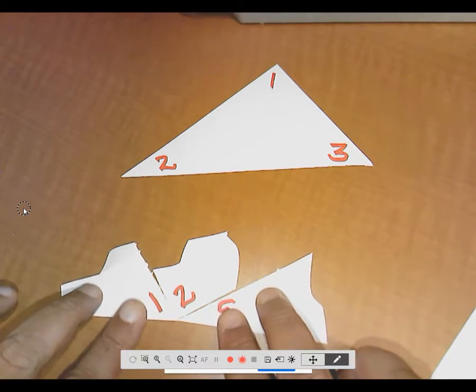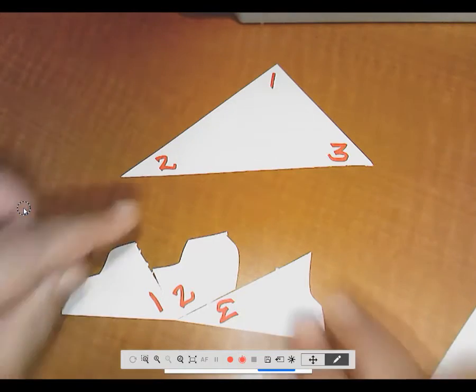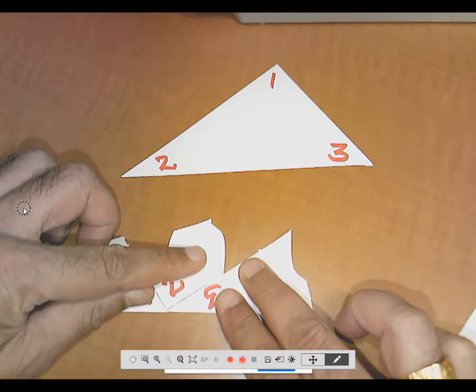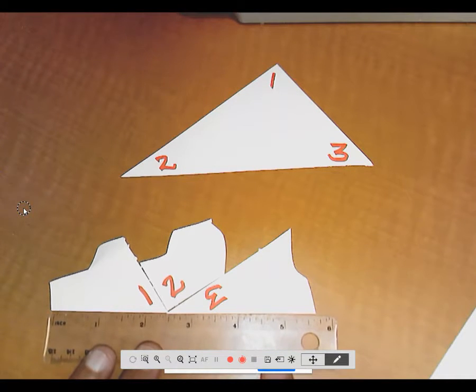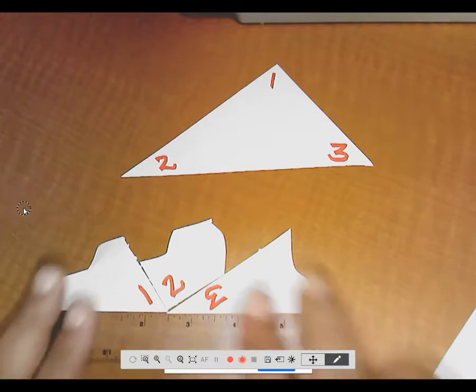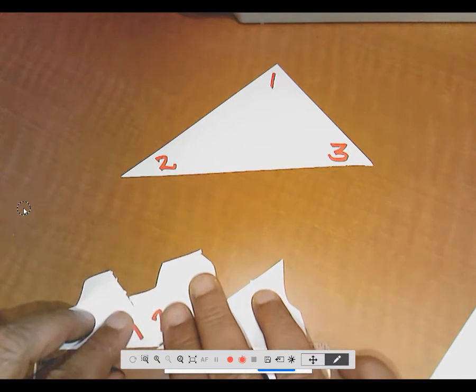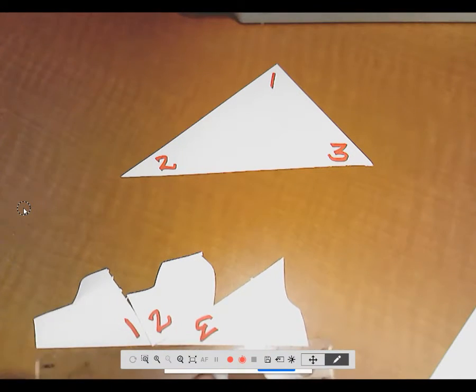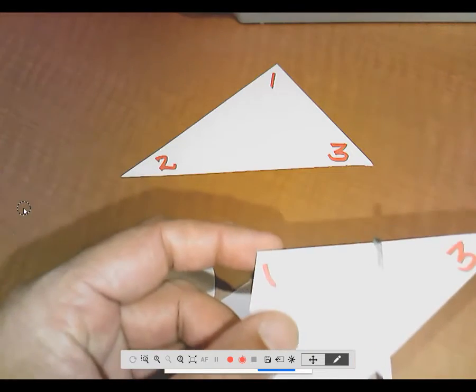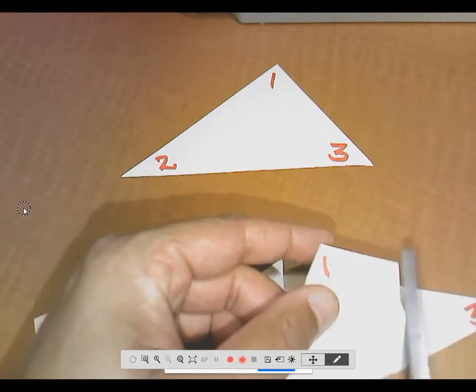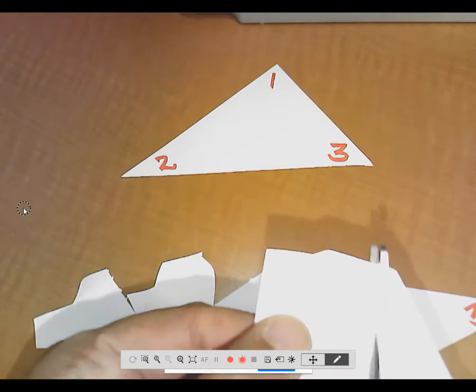I see that these three angles together are making a straight line. I hope you remember that a straight line makes 180 degrees. Okay, so let me move this one a little down. Let's take another triangle. I'm cutting it into some pieces.